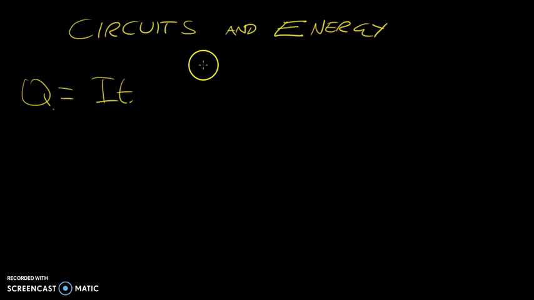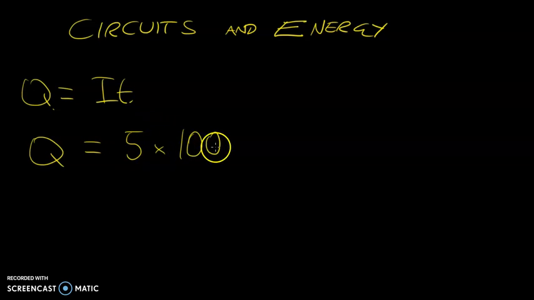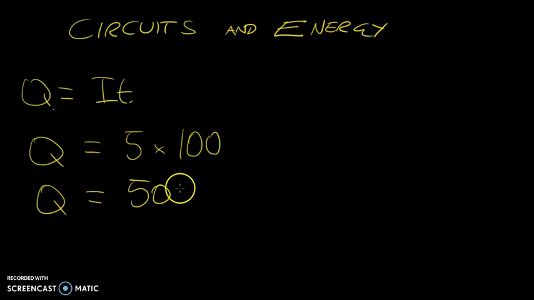We know that I is 5 amperes. We know that T is 100 seconds. So we don't need to do any transposition here. We just know that Q is equal to 5 amperes times 100 seconds. So Q is 500 coulombs. Brilliant. That was nice and easy.